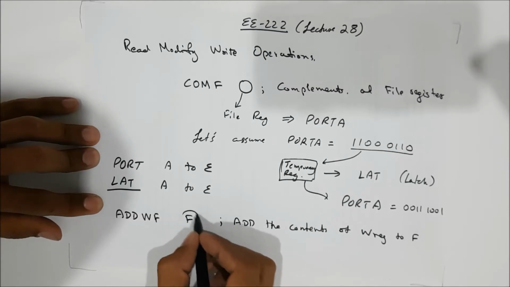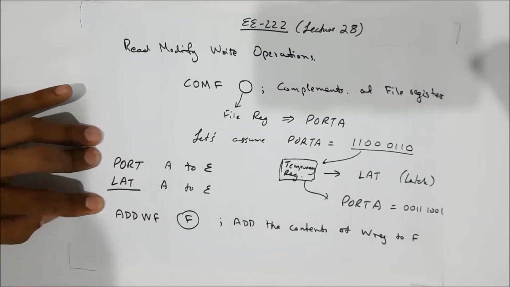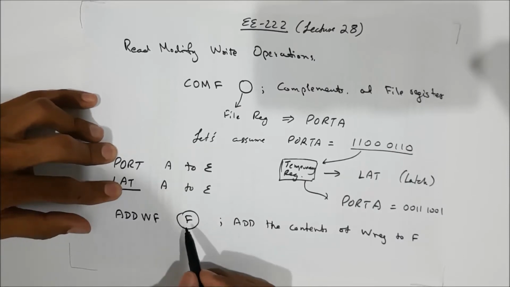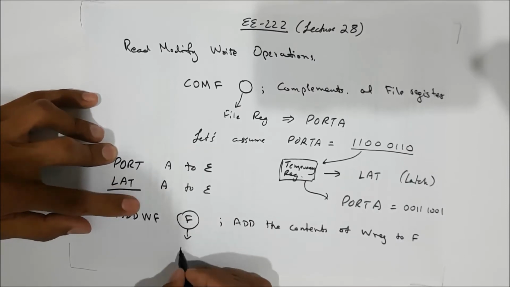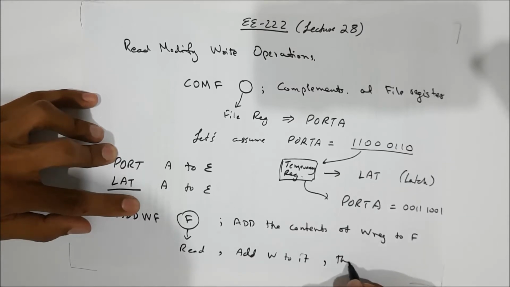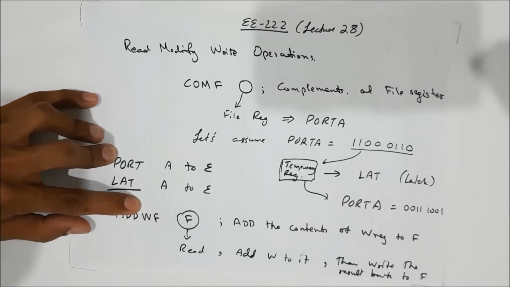This file register is specified by the field F. Now for this purpose, what the processor needs to do is to read this file register, add W to it, and then write the result back to the file register.